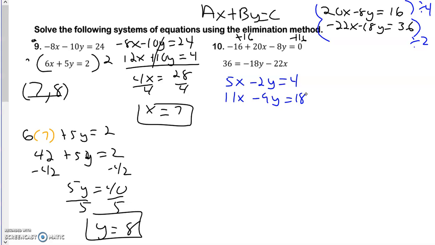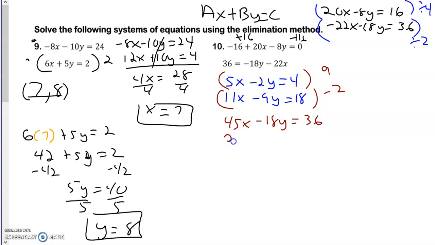And after that, I decided that I am going to get rid of the y's, because 5 times 11 is 55 and 2 times 9 is 18. I'd rather work with 18 than 55. So I'm going to multiply the top one by 9 and the bottom one by negative 2. So I am finally going to get 45x minus 18y equals 36.